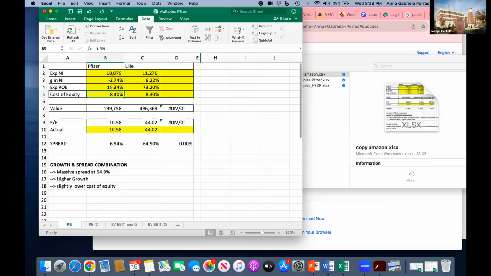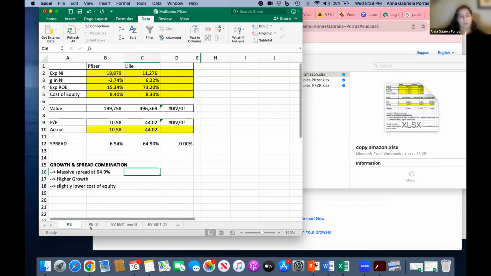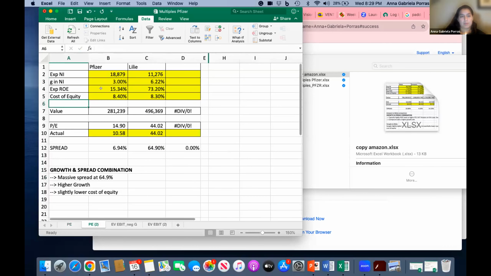Obviously in perpetuity, negative growth is what we were just talking about right before the breakout room. So we made a copy and plugged in a 3% growth. We didn't have historical from your screenshots, but maybe that's what this would yield.